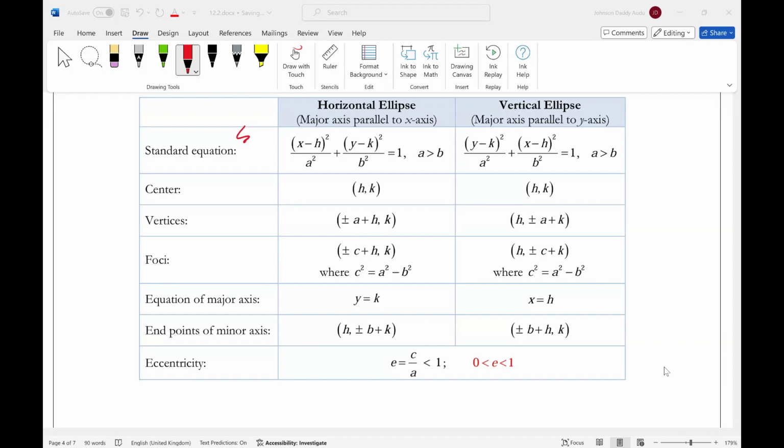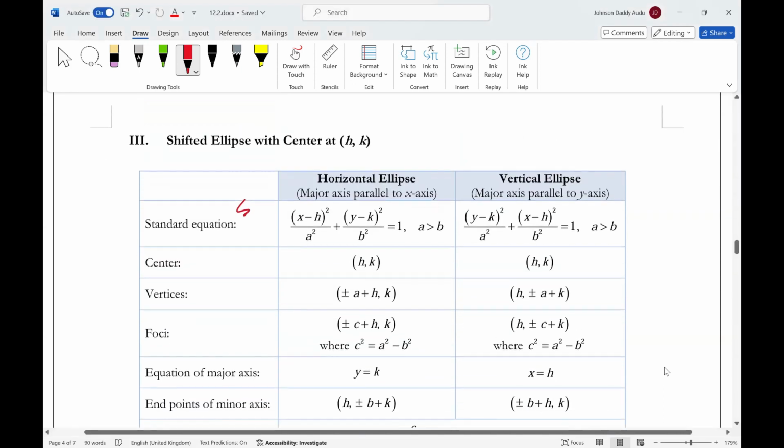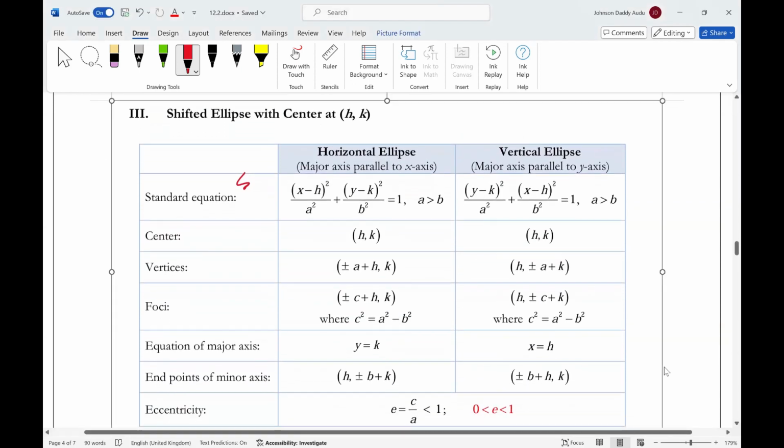Hello. So here in this video, we'll be looking at ellipse with a shifted center. It means the center is no longer 0, 0, but we have a center (h, k). So you can see the formulas have changed.